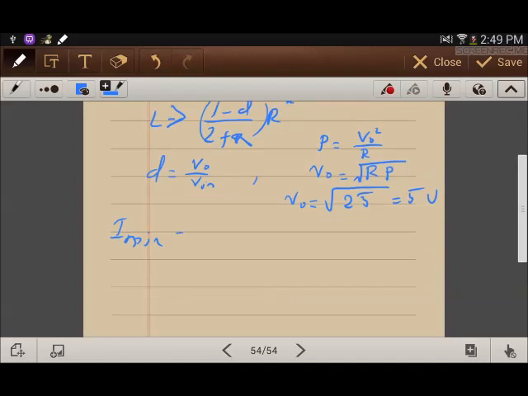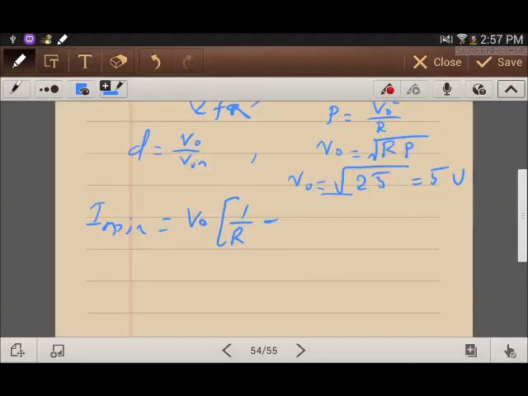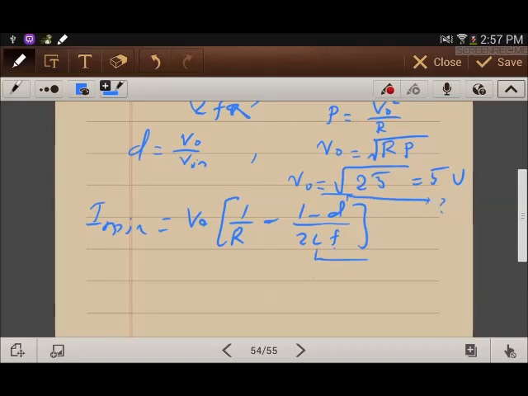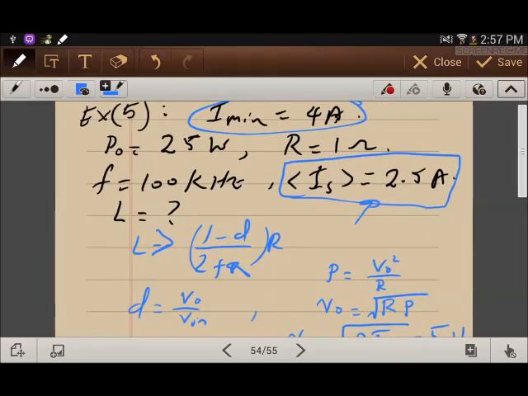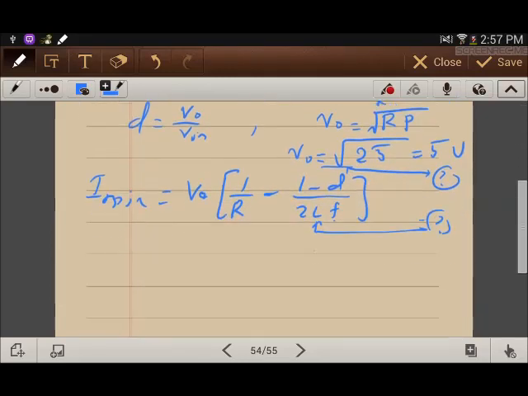So I min is equal to V out multiplied by (1 over R minus (1 minus D) over 2LF). So this one is unknown, this one is unknown. So how to find D? In the question I have been given the average value of the switch current.